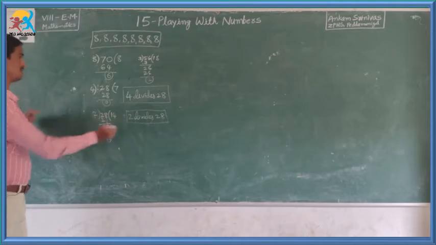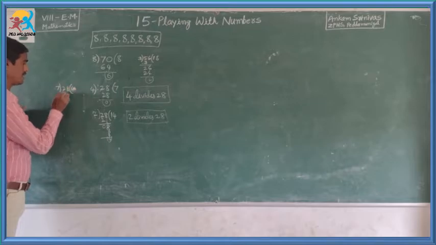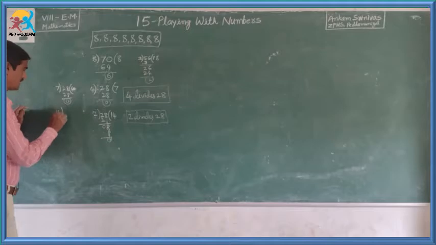Let us do some more examples here. 7 fours are 28, remainder 0. And if I take 14, 14 twos are 28, remainder 0.